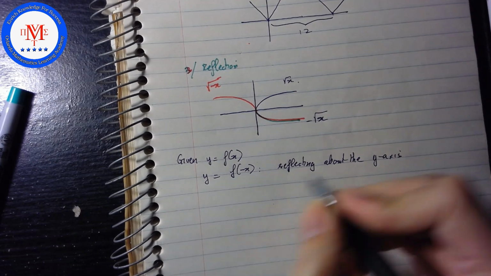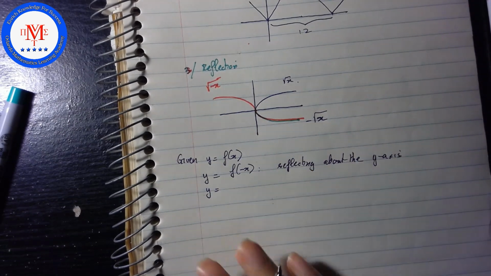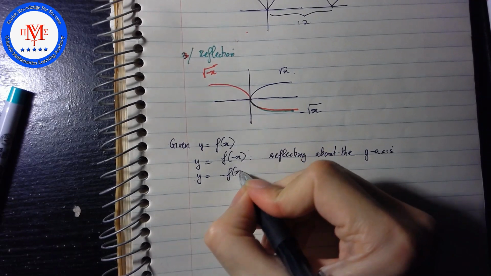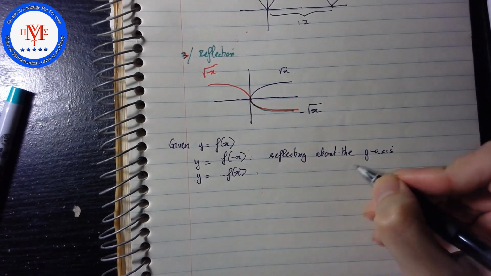If I apply the negative sign to the whole function, then we have a reflection about the x-axis.